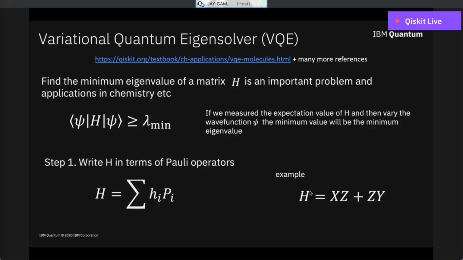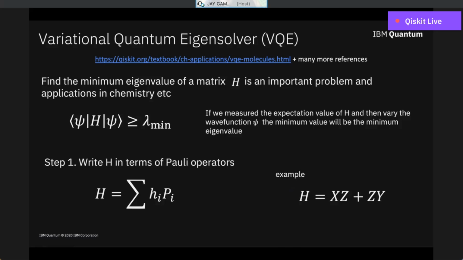And if I can estimate this energy, and provided I can minimize this wave function to find the minimum energy H, I will be able to find this minimum eigenvalue. And this is easy to show because of the properties of the quantum wave functions and the properties of the Hermitian operator that is used to describe the problem.